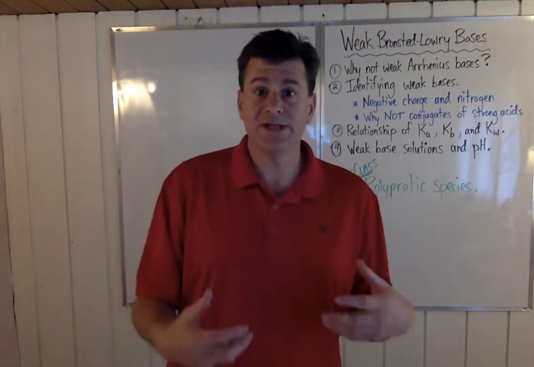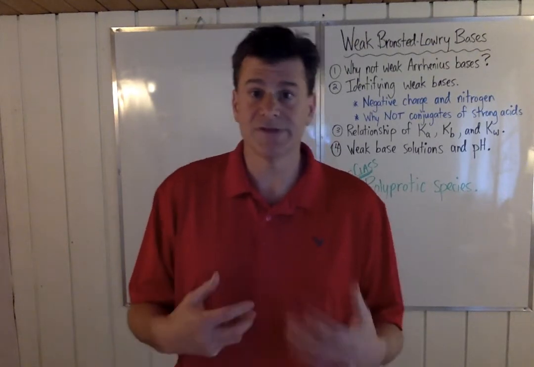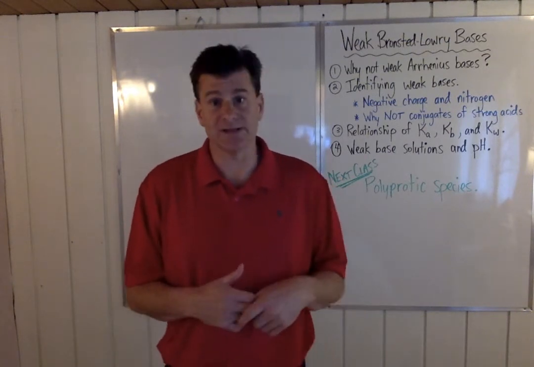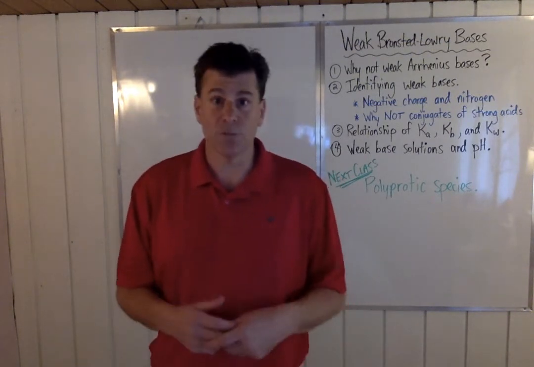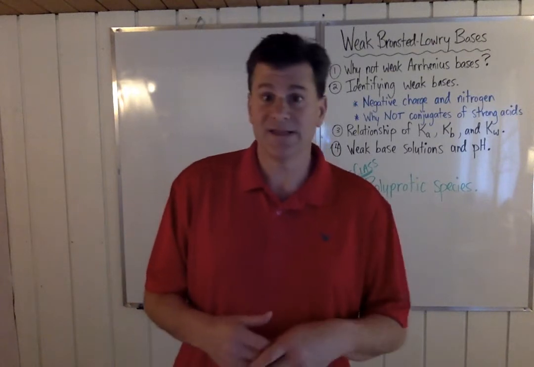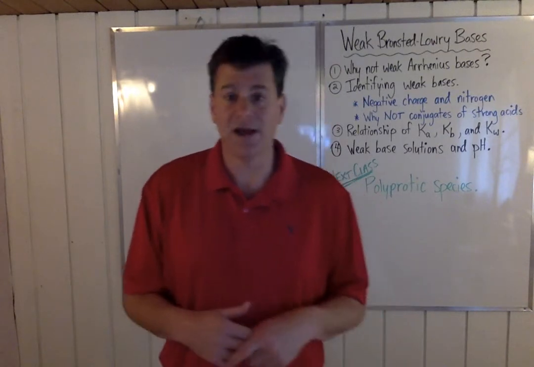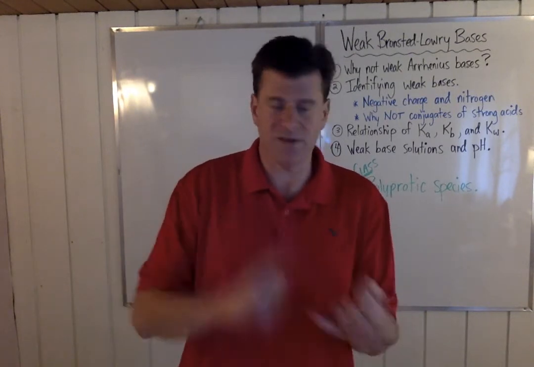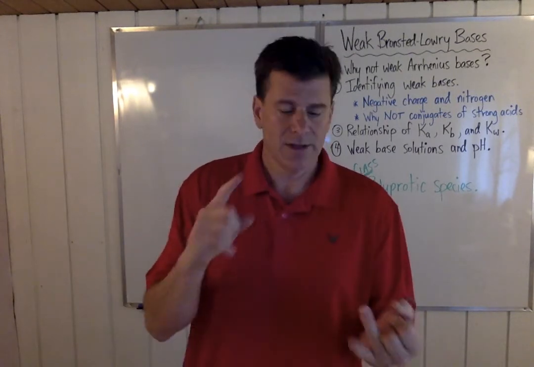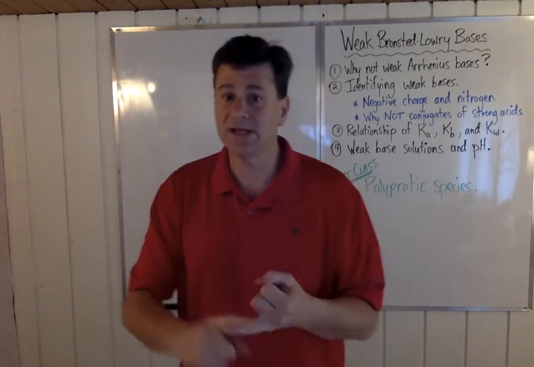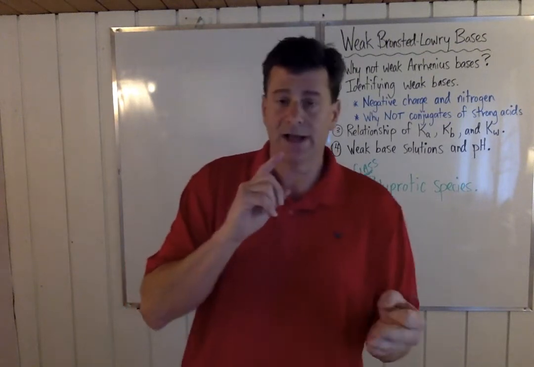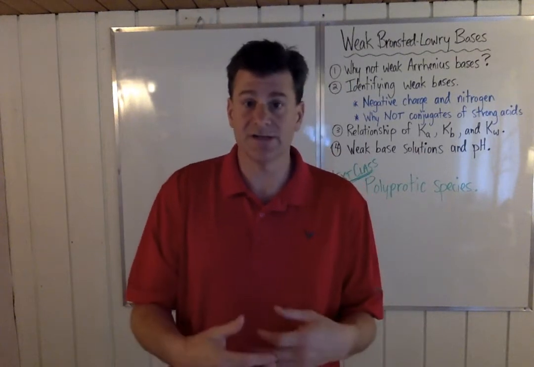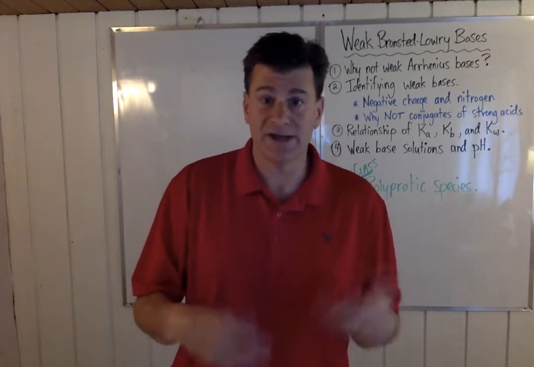So we need to do a calculation that involves the equilibrium constant for that type of reaction, and it's known as a Kb. For weak acids, it was Ka, nice and simple. Acids, Ka. Bases, Kb. And we're going to be using the same concepts: you need an equilibrium equation, you need an ICE table, you need to fill in the ICE table, you need to write a K expression, plug in the values that you do know, and solve.